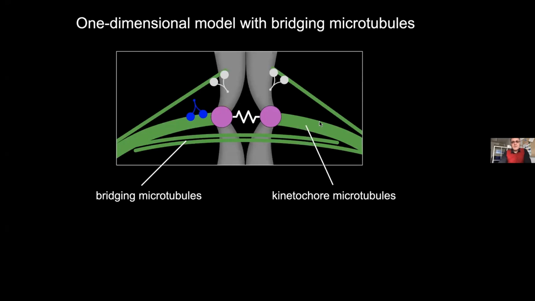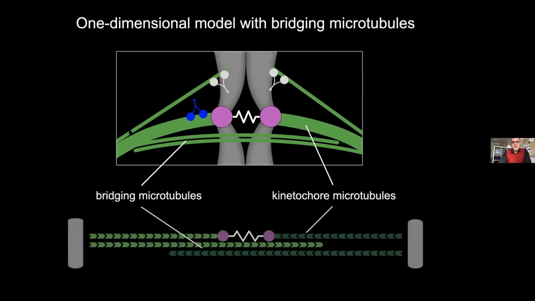If we have this picture in mind, we know that these microtubules that are bridging kinetochore fibers will somehow influence the forces acting on the kinetochores. But to understand the mechanism, I will introduce a model that is simpler than this scheme shown here.